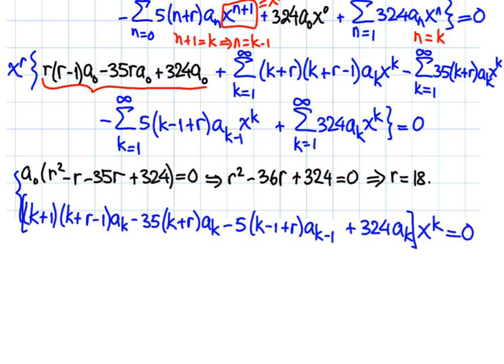Now we focus on two things. First, r is equal to 18. We're going to put that into the second part of the equation and then we combine. So again, r equal to 18.